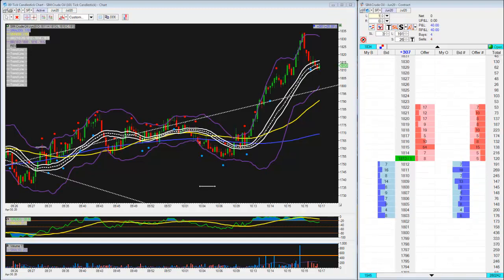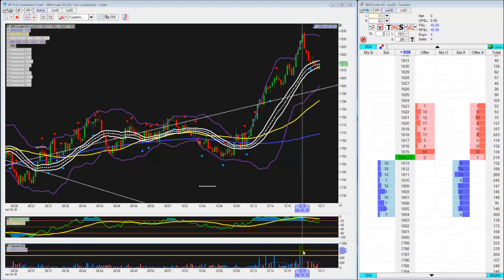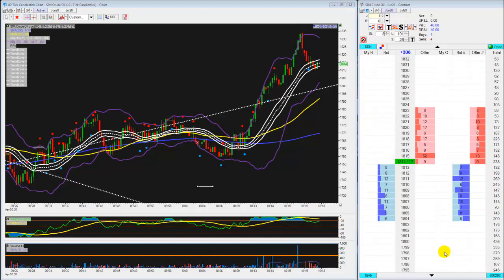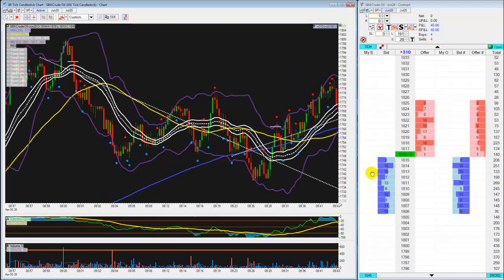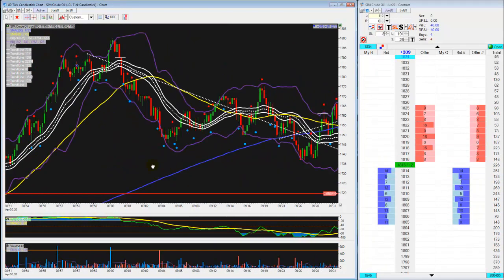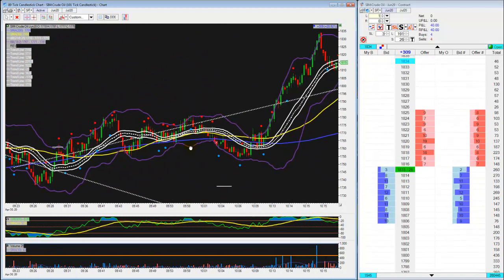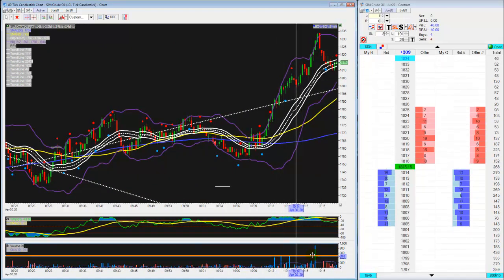There's your highest volume bar right there. 927. Anything else? 1, 2, 3. Rest of those aren't.